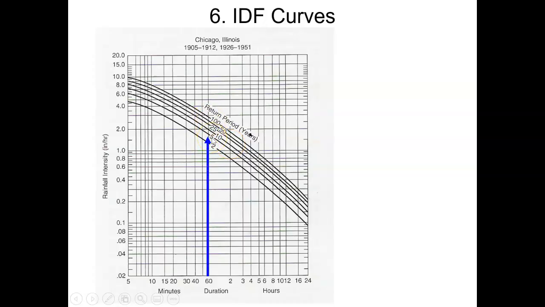So for example, what is the 5-year, 60-minute rainfall? That means a 60-minute rainfall that's going to happen, one that big, about once every 5 years. I come up to, it's about 1.7 inches per hour.